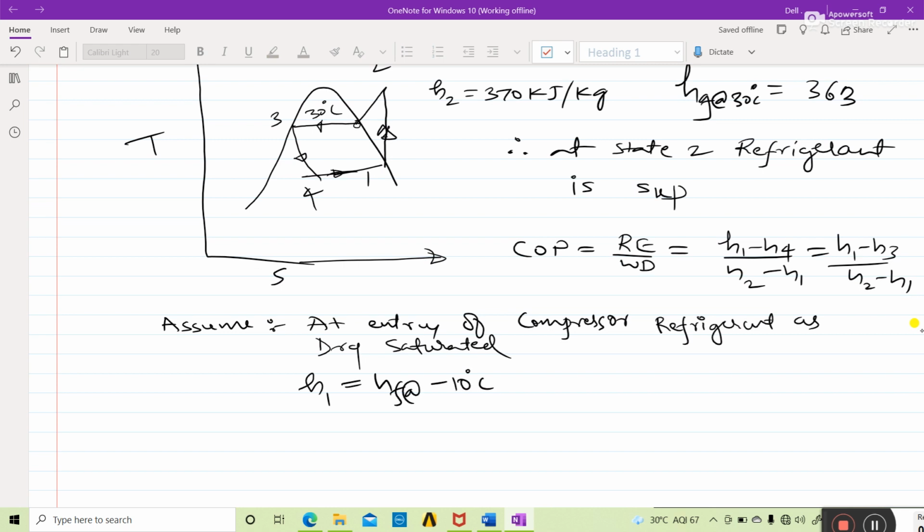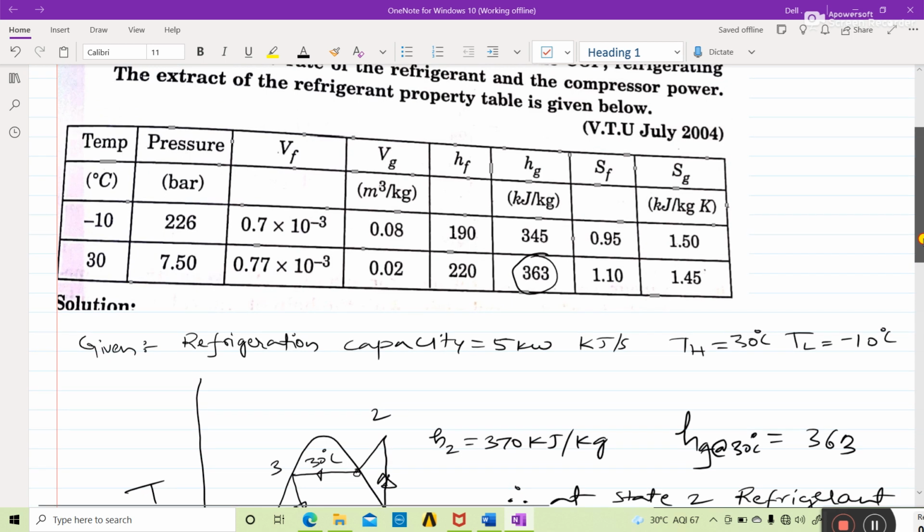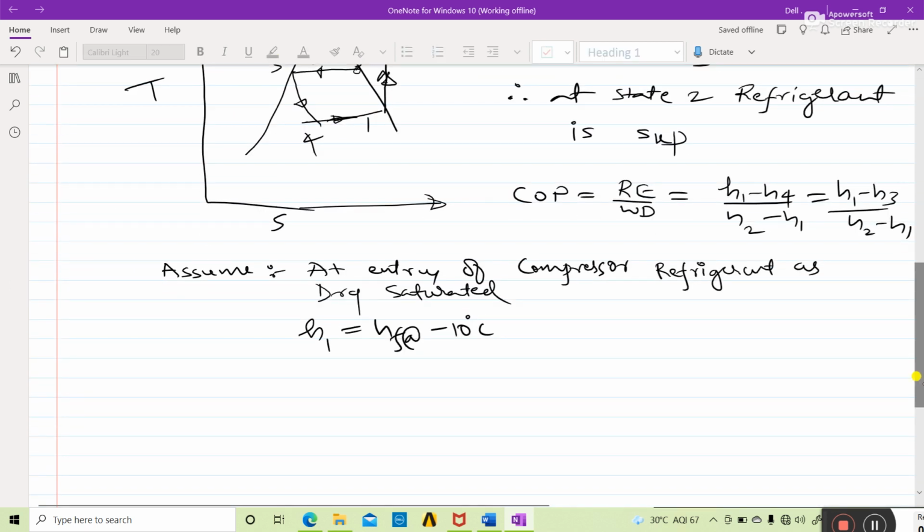At minus 10 degrees Celsius, it is Hg, not Hf, because it is on the saturated vapor line.